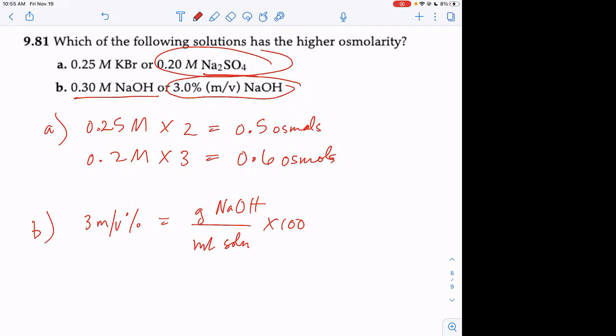What is 3% of 100? 3. I probably wouldn't do this on the exam. You would assume 3 grams, convert it to moles, divide it by 100 milliliters, and then compare once you have it in molarity, okay?